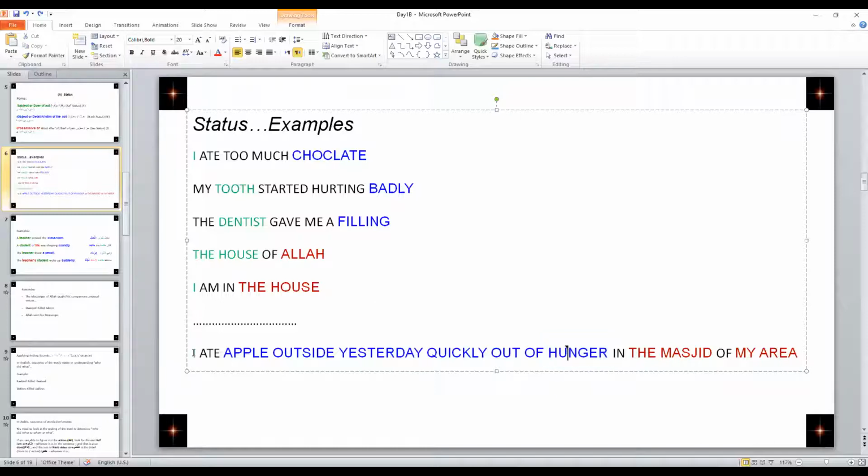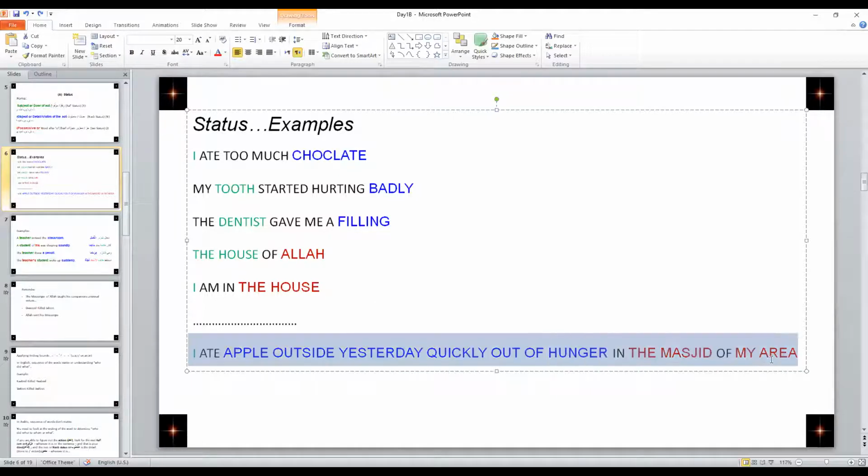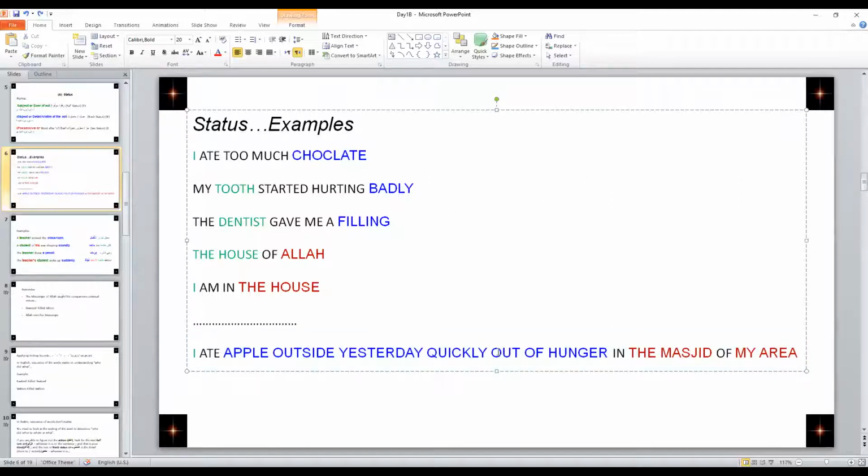if this expression was in Arabic, actually the whole of this is one word. It's not a word with an "of" in the middle. "Out of" is an English expression that will bring the word.